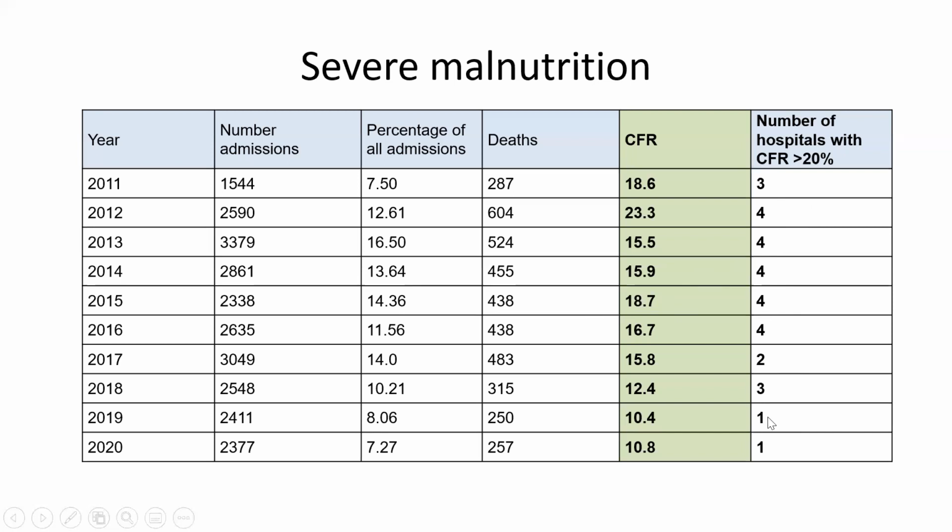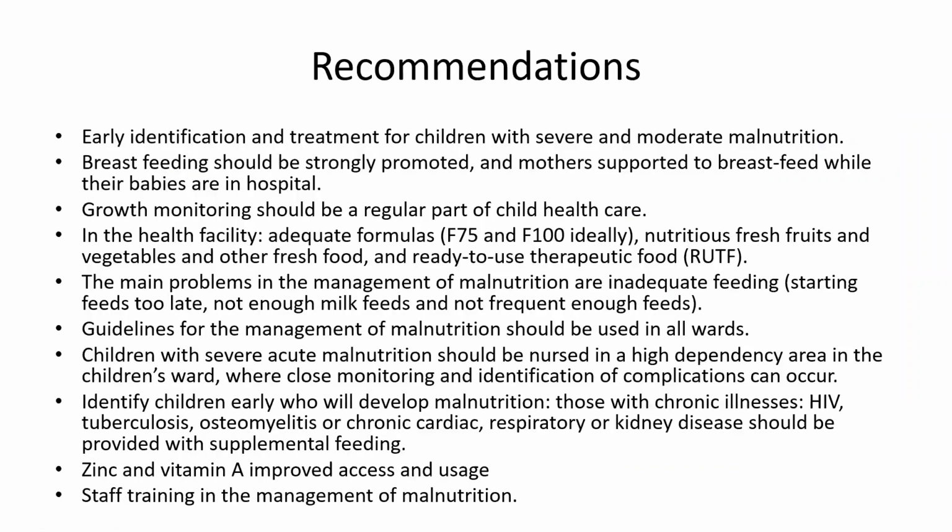So even though more hospitals have contributed to the PHR data, fewer hospitals have case fatality rates above 20%. And most hospitals now have case fatality rates that are around about 10%. So we can be happy, I guess, that there's been an improvement in the outcomes for severe malnutrition, but we can't be complacent about it, just like with pneumonia.